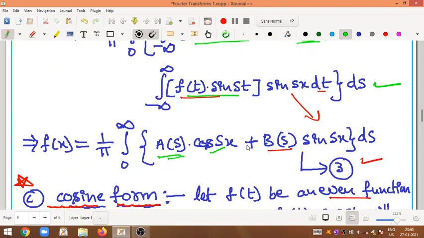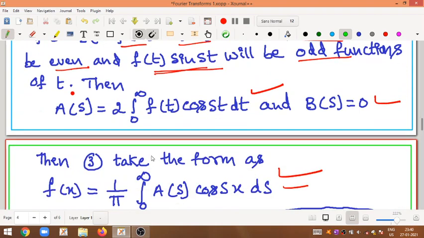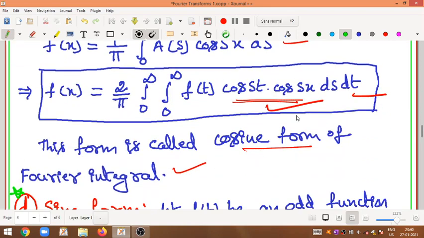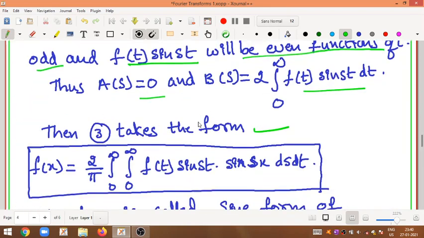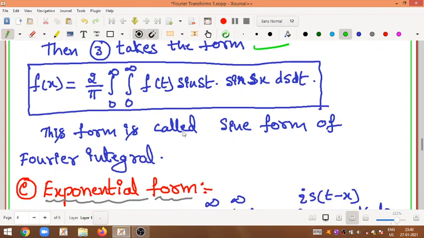Next, bs value applies, with the sine function, as value 0. Simplify it again in that third equation. So this form is called the sine form of the Fourier integral.